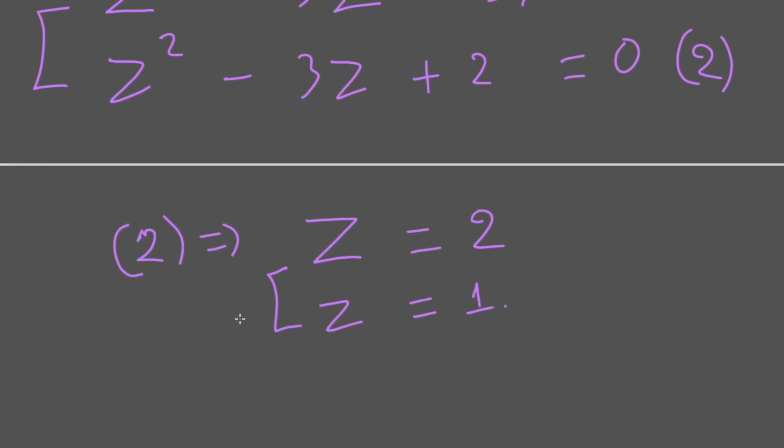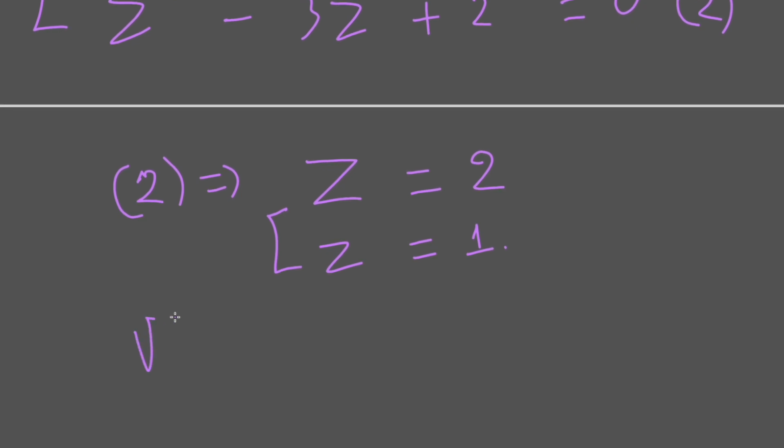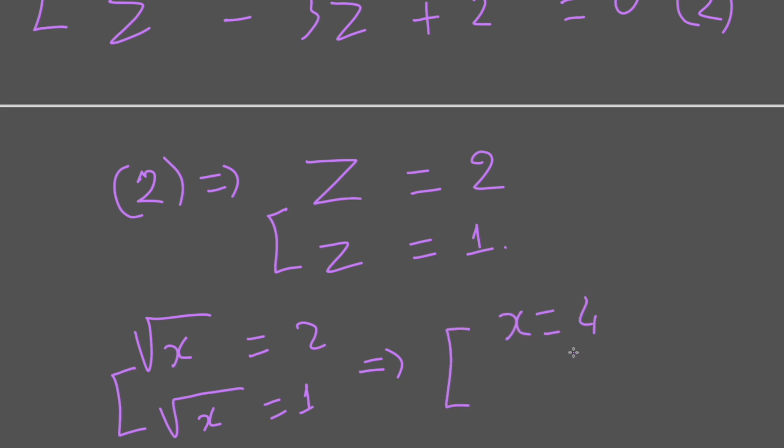And from that, we have the square root of x equal to 2 or the square root of x equal to 1. So x will be equal to 4 or x equal to 1. So that is the final result of this equation.